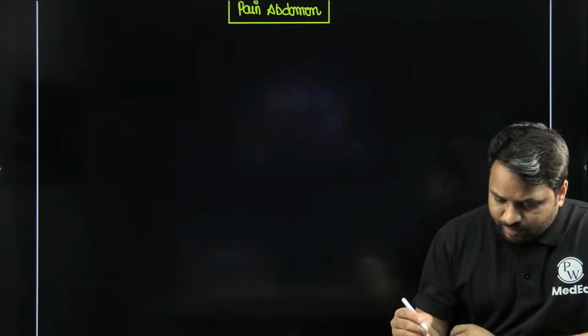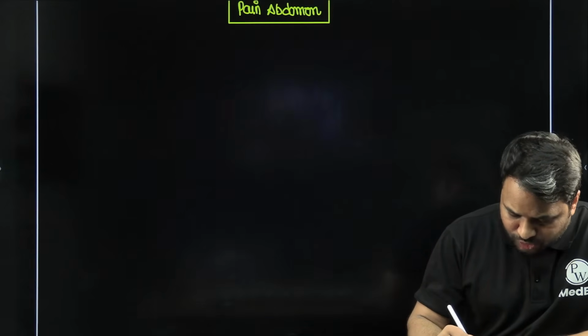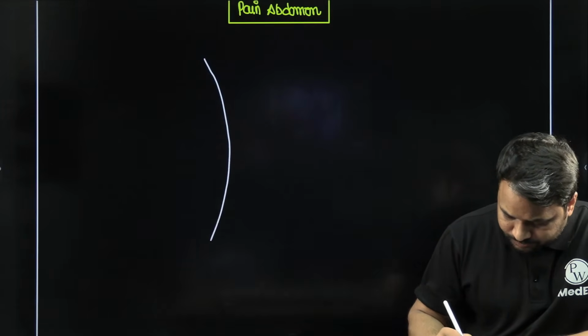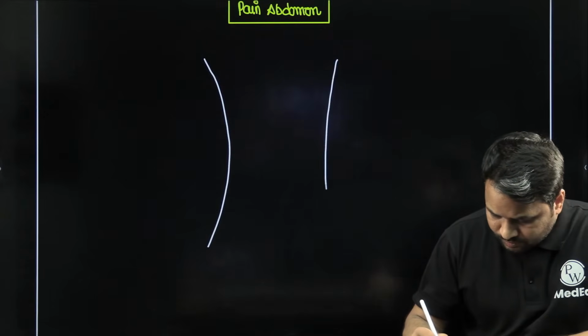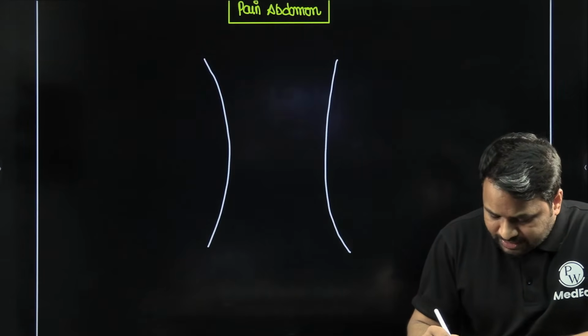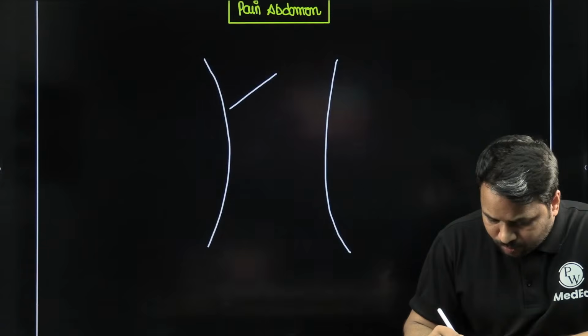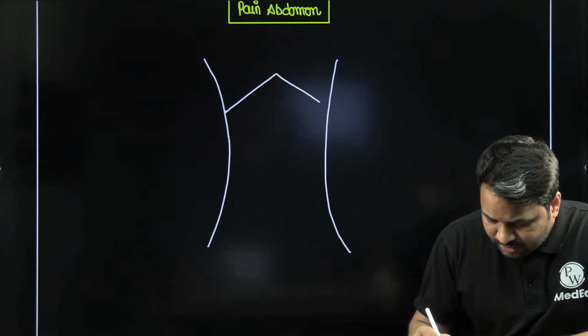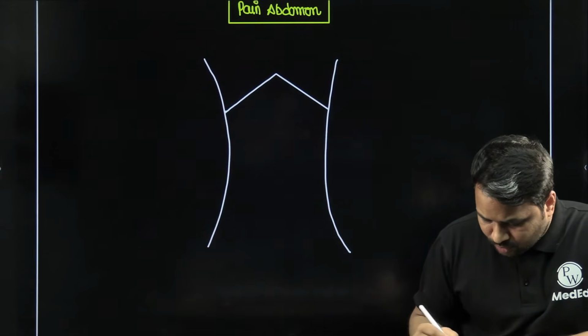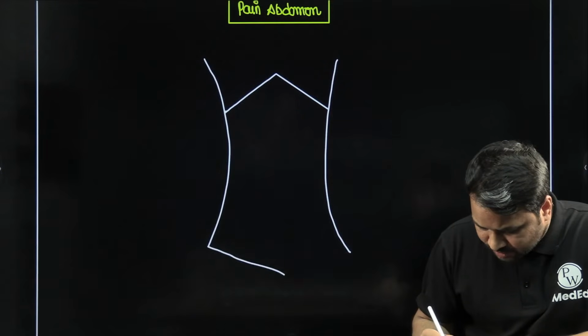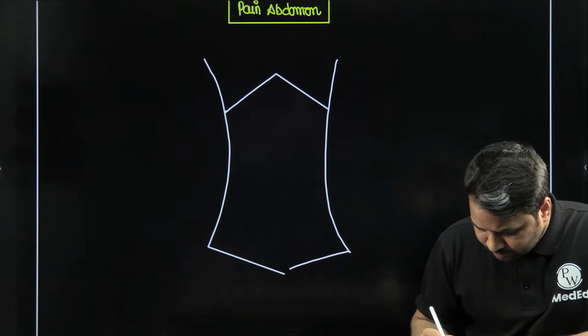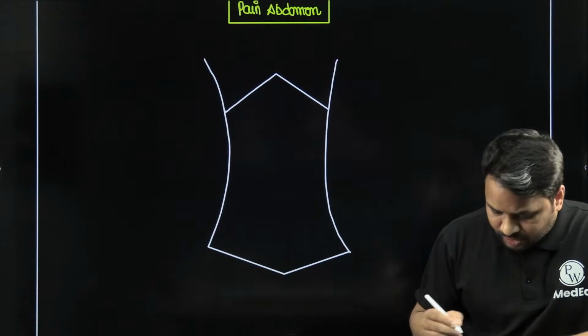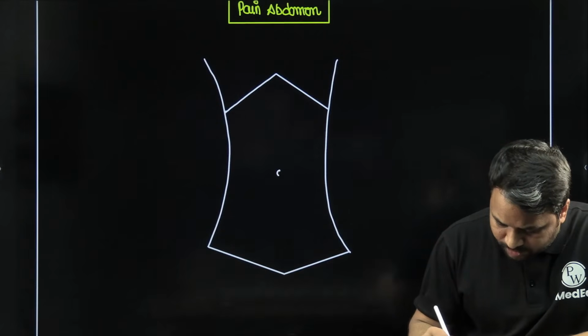Now, when you look at the abdomen, this is the representation of the abdomen. The two landmarks that you have, the topmost is going to be your xiphisternum, which is here. Then you have the pubic symphysis, which is going to be present here, right? And the midway is going to be umbilicus.